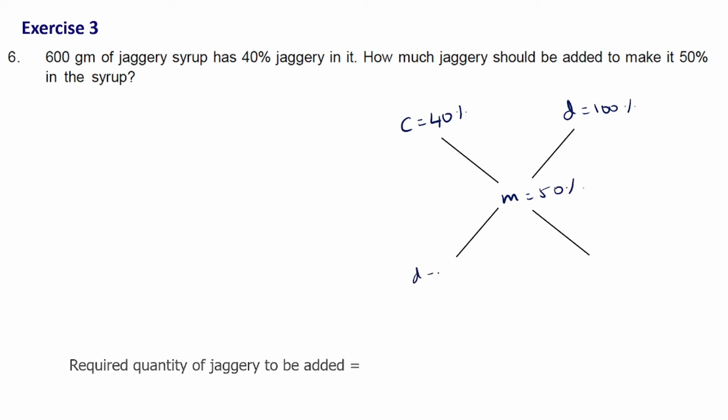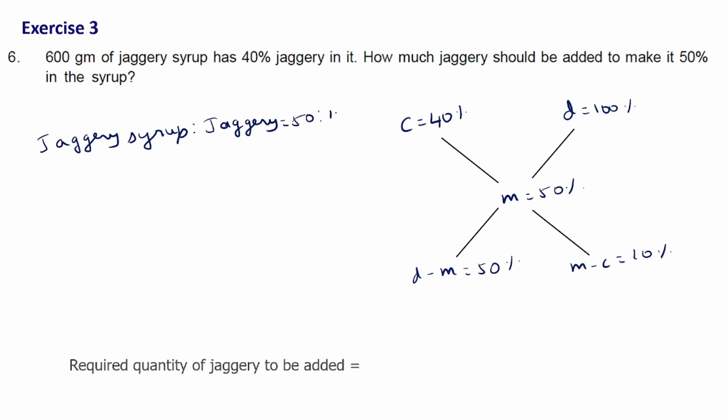So here we have D minus M, 100 minus 50, 50%, and here we have M minus C, 50 minus 40, 10%. So we have the ratio of jaggery syrup to 100% pure jaggery. It is equal to 50 is to 10, or it is equal to 5 is to 1.